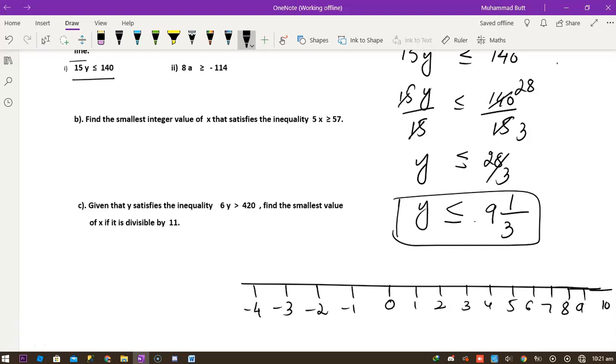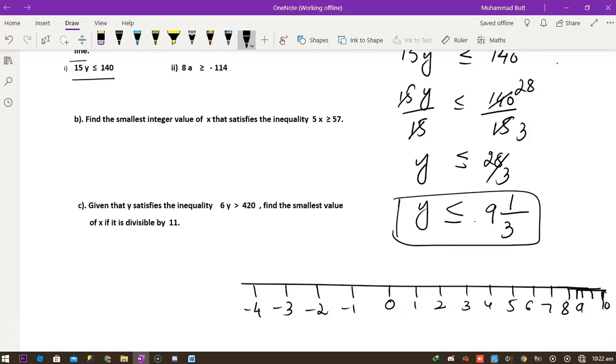Now you have to show that y is less than or equals to 9 whole 1 by 3. 9 whole 1 by 3 will be between 9 and 10. So between 9 and 10, the gap will be divided in 3 equal spaces. You will do it with the help of a scale.